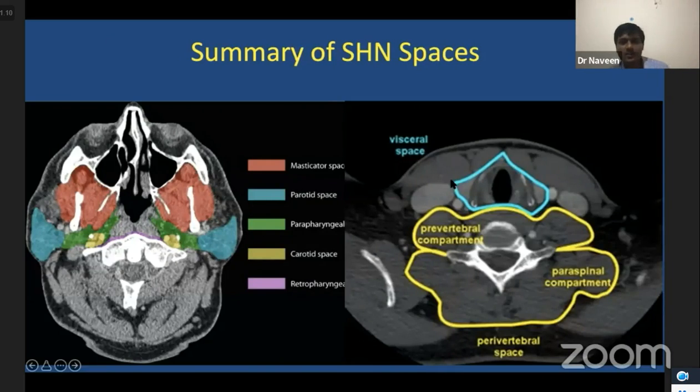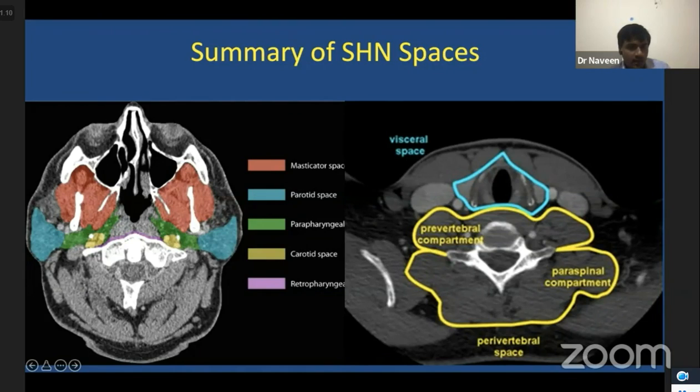Finally, summarizing the neck spaces, here the red space is the masticator space, with contents including the muscles of mastication and the ramus of the mandible with the mandibular nerve. Green is the parapharyngeal space, with the main content as the parapharyngeal fat.